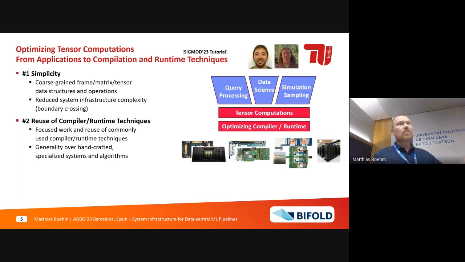utilize emerging modern hardware. You're probably all familiar with the end of Moore's law and the end of Dennard scaling, where we face fundamental hardware challenges, and the industry is addressing those challenges by increasing specialization. So you can expect in the next decade more and more very specialized hardware accelerators.